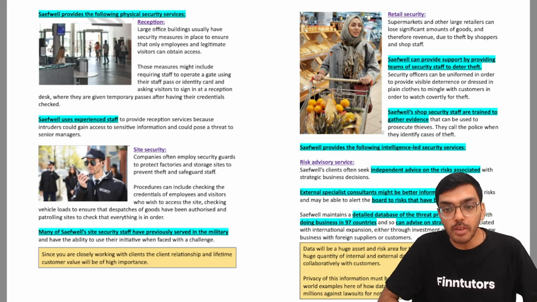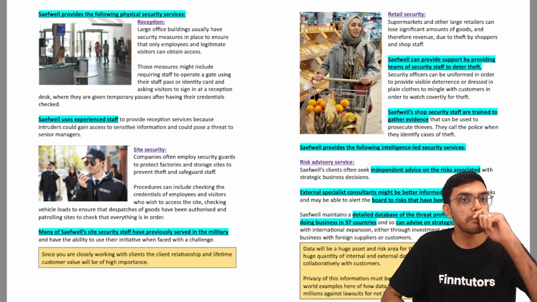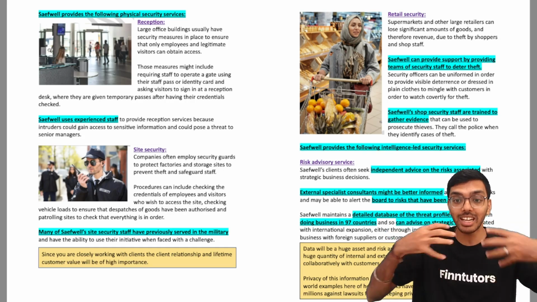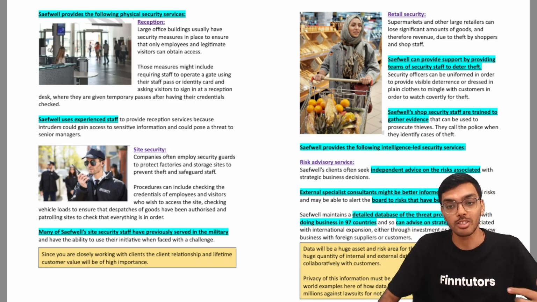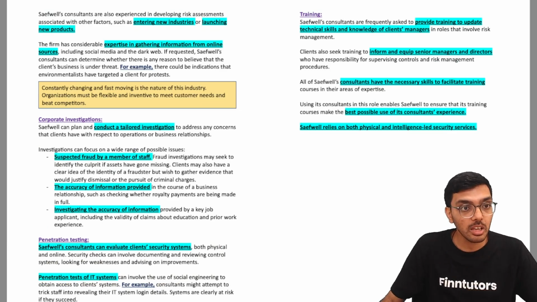So privacy of this information must be of primary concern. We know real world examples where companies have paid millions of dollars because the data they have stored has not been kept safely. This is your P3 syllabus, right?